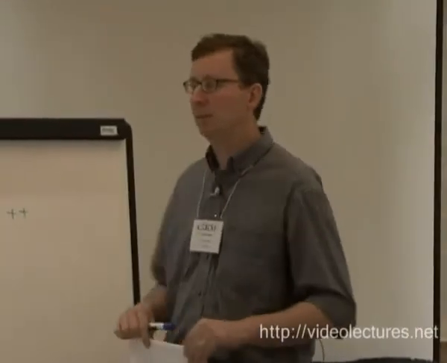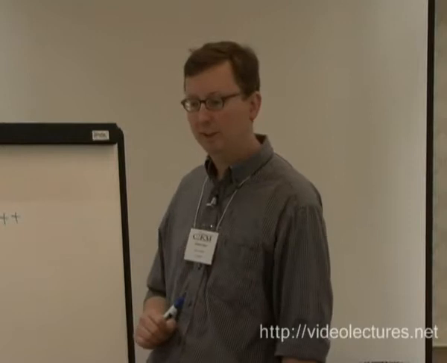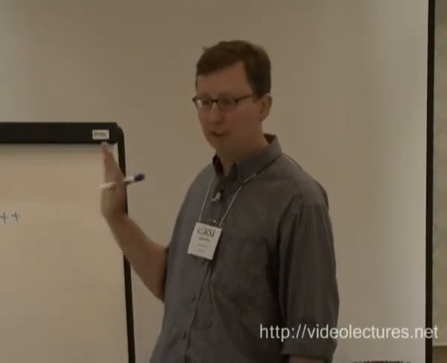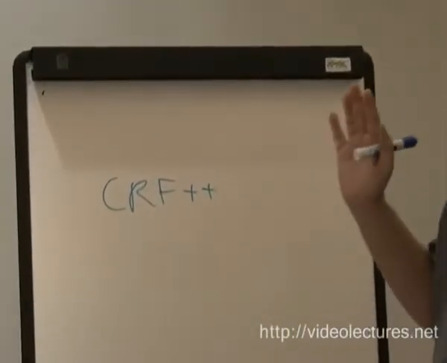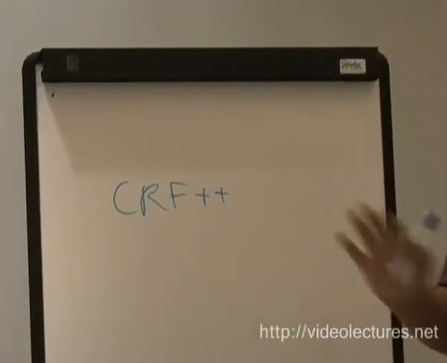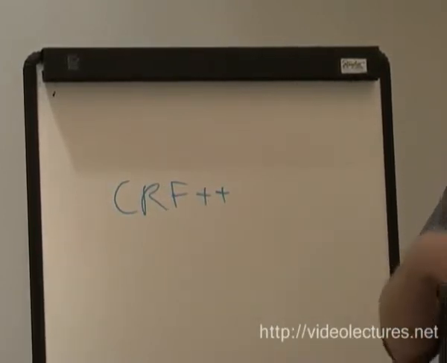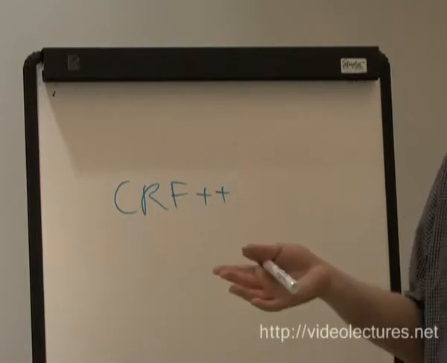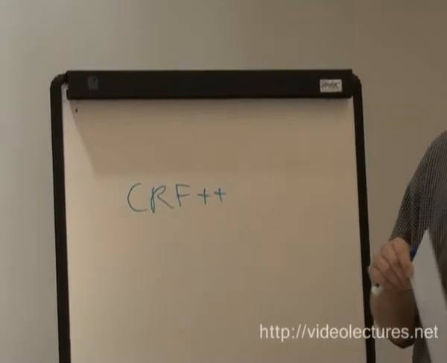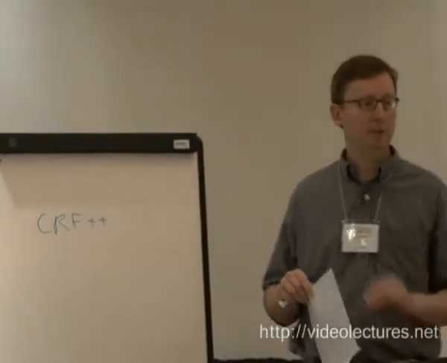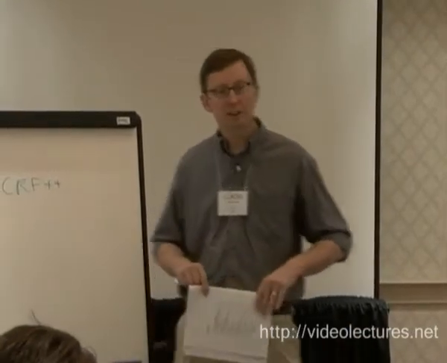I don't quite remember the name of the author, but he's a researcher in Japan. This is essentially a standalone implementation of conditional random fields. It's fast and easy to use. What it doesn't have is any other tools that you might want to use for linguistic analysis. But if you just want to do linear chain conditional random fields, then CRF++ is easy to use, reliable, fast.